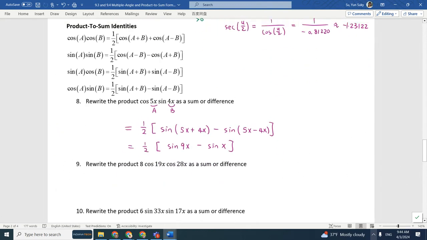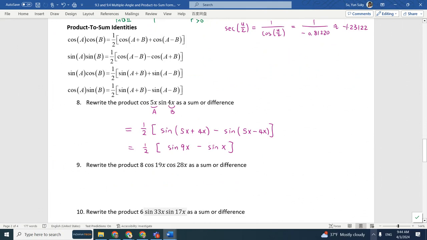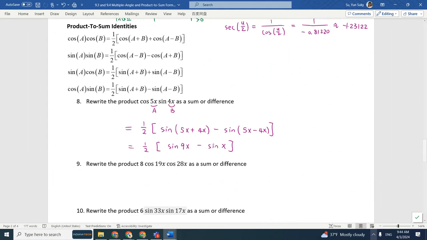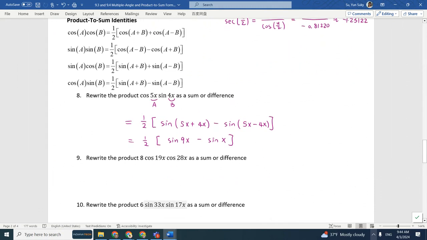Okay, let's see. How about the first 2 rows of students do number 9, and the last row do number 10. So you have some practice. Which formula to use? Number 8.